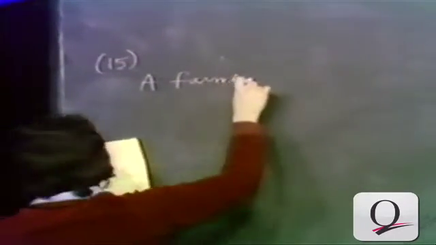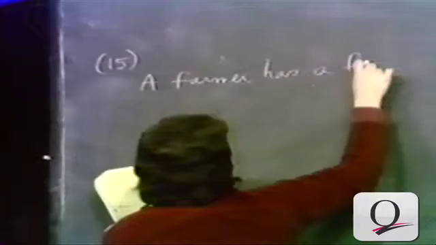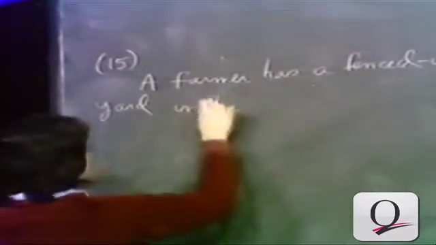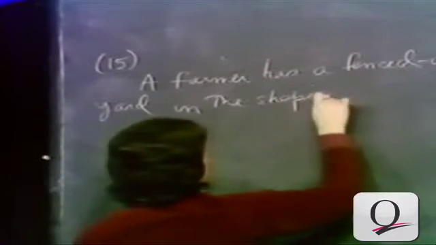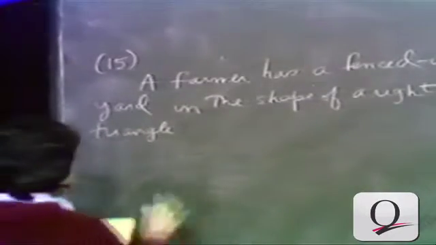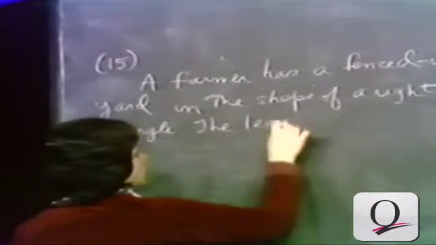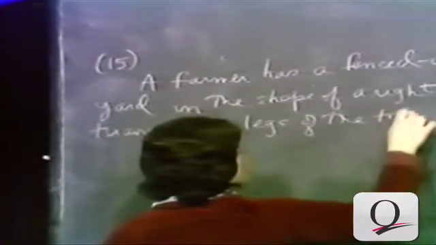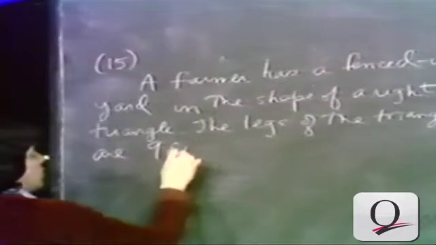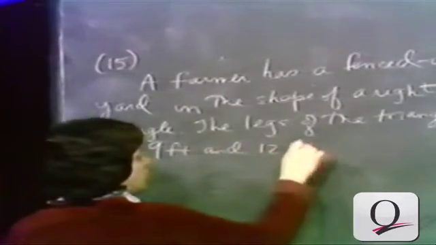In the following, we have this. A farmer has a fenced-in yard in the shape of a right triangle. The legs of the triangle are 9 feet and 12 feet.